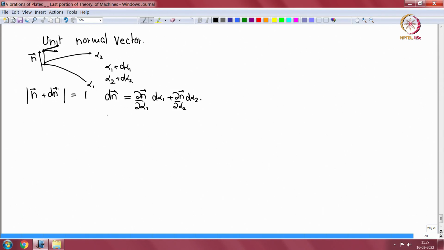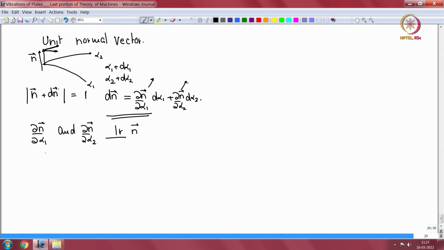So we will not use this form now, but I am just telling you. So this will lie in the alpha 1 direction, this will lie in the alpha 2 direction, no component in the n direction, and therefore, del n by del alpha 1 and del n by del alpha 2 are perpendicular to the local normal.